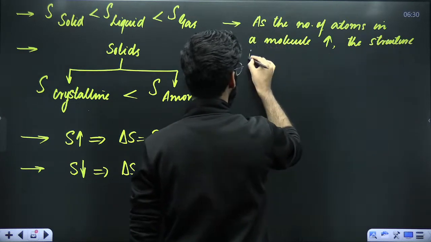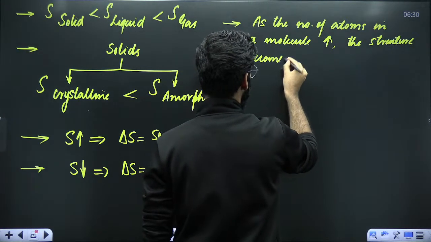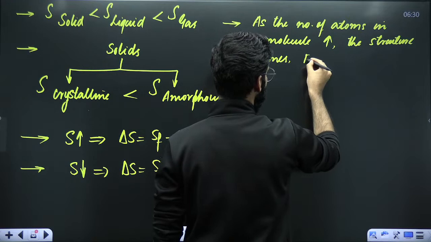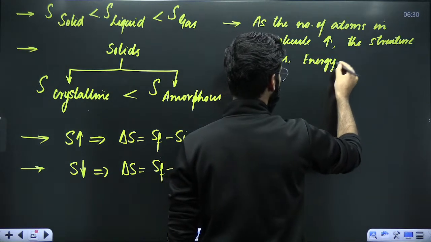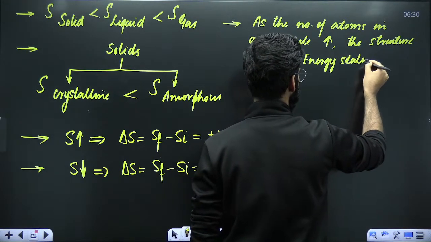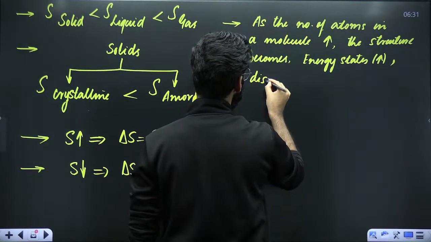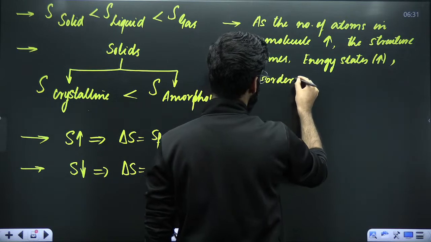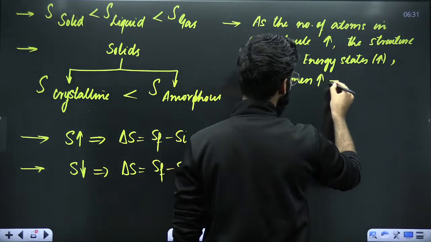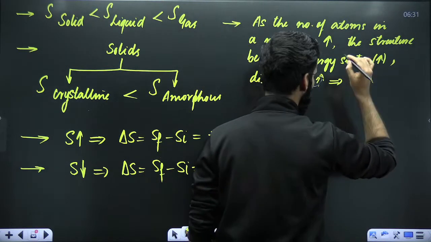The structure becomes complex. And when the structure becomes complex, energy states in the molecule basically increase, due to which disorderness increases. And hence, at the end, I must say, entropy increases.